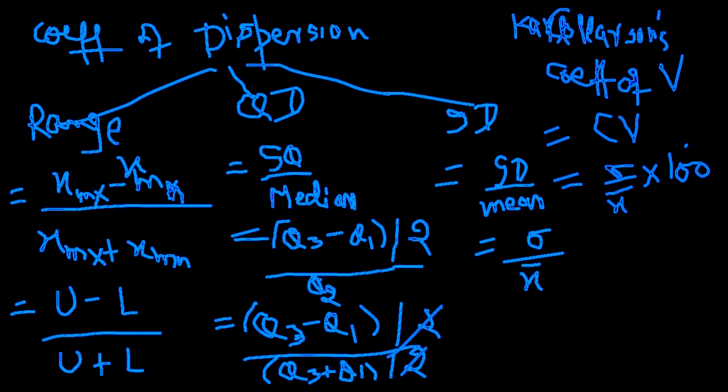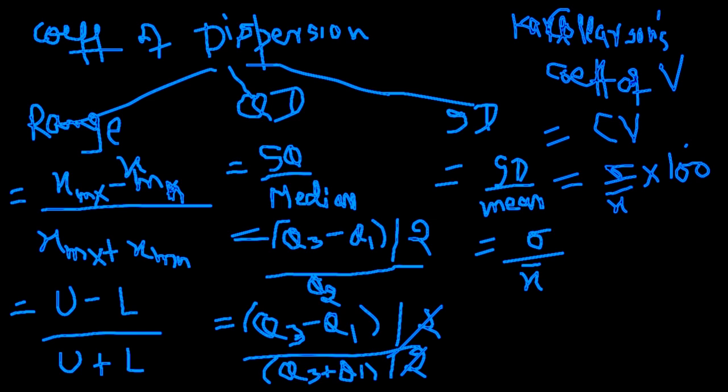Mean deviation? Mean deviation we have already included in this only. Range and quartile deviation, we don't need that now. That is included in the terms of standard deviation only. Fine.